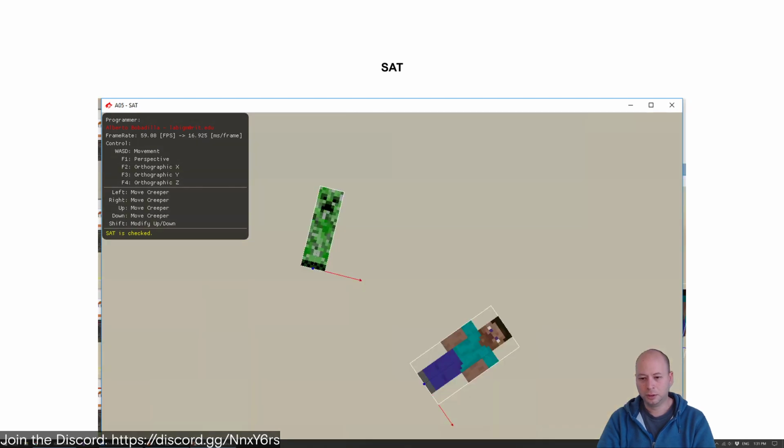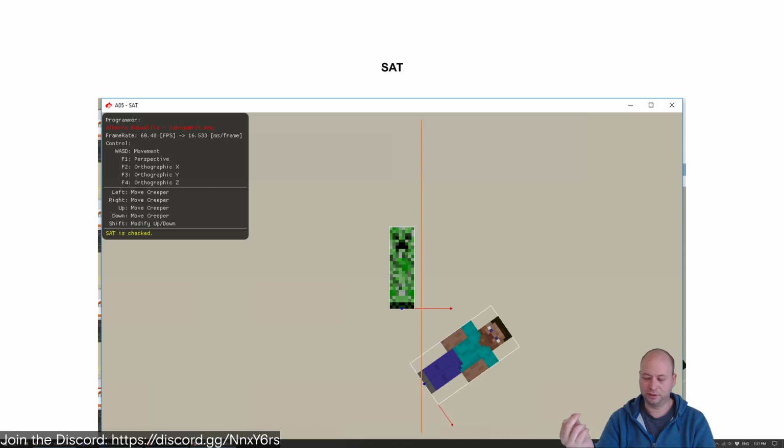So generally speaking, to do the SAT, we take a given model, take a given plane, and project the models onto that plane. As you can see here, there is this particular axis, and you do have an intersection.